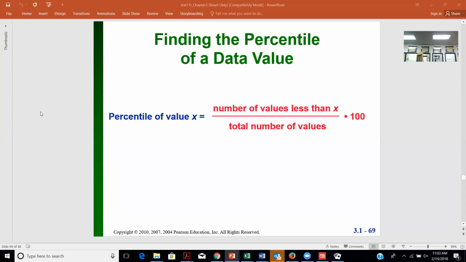Let's go back. Remember at the beginning of this chapter, the question was, do men or do women talk more? And remember that was the question at the very beginning. And we had some information, a sample size and a sample mean for men and women.